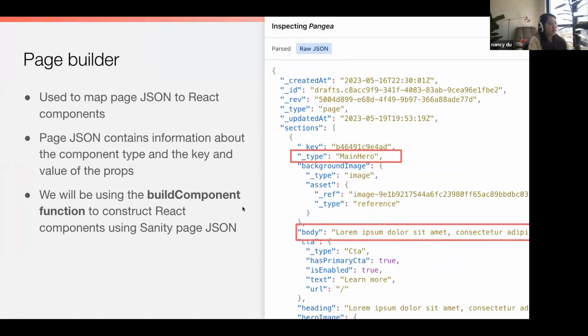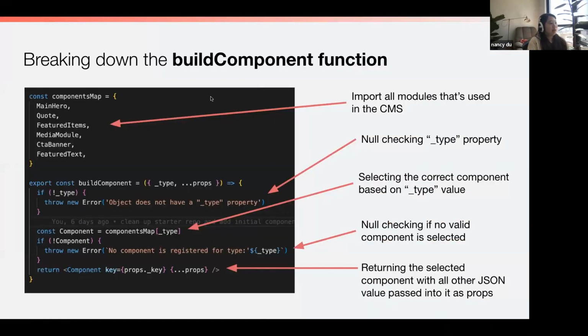So let's take a quick look at what the buildComponent function is actually doing. The first thing it's going to do is create this component mapper. Thinking back to why we were very adamant about naming the component a certain way, this is where it needs to match.